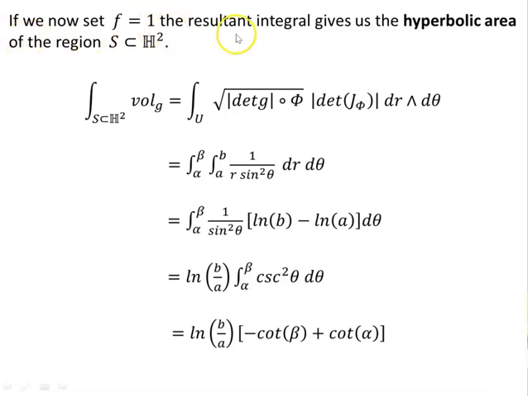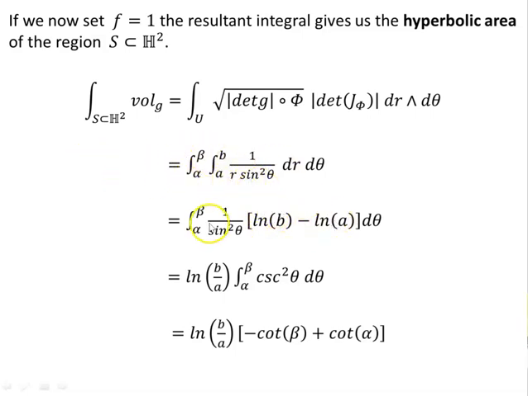Anyway, if we now set f equals 1, the resultant integral is just the hyperbolic area of the region S contained in H2. So the integral over S contained in H2 of the volume form is this, as we've seen earlier, which the explicit integral is a specific integral here, the iterative one. If we evaluate all that, I won't go through all the steps, but we do the 1 on r part, so that's going to be log b minus log a.